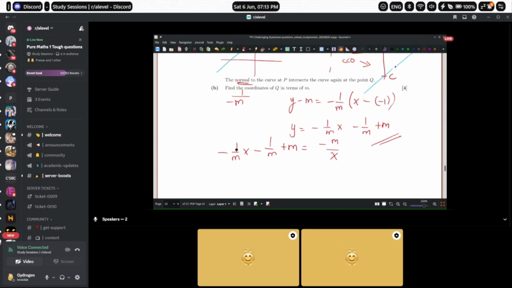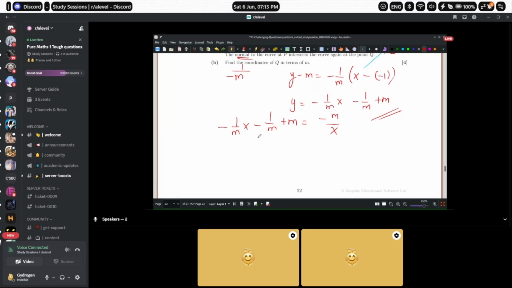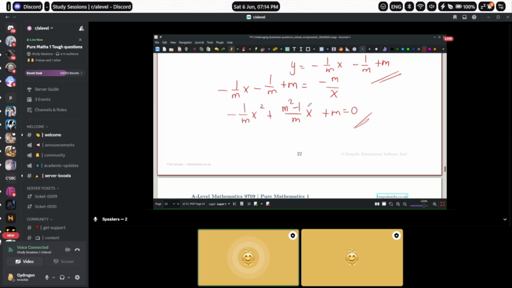So this will be minus 1 over m x squared plus m squared minus 1 over m x plus m equals 0. If you multiply both sides by x, you get this equation. And then you can also multiply both sides by m to remove the fractions.